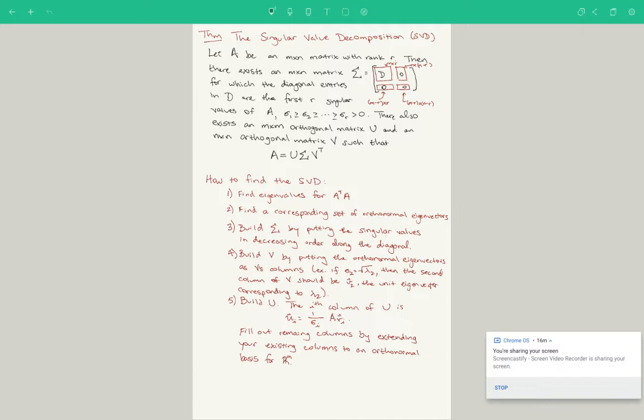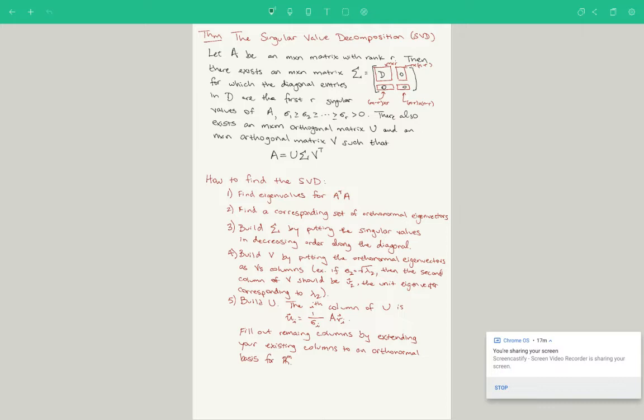Once we have our eigenvalues and eigenvectors, we build our sigma by putting the singular values along the diagonal, so we just take the square root of the eigenvalues from part 1. Then we build our V by putting the orthonormal eigenvectors we found in part 2 as our columns. We just need to make sure that we're keeping the relative order, like we were doing when building P and D in section 5.3.